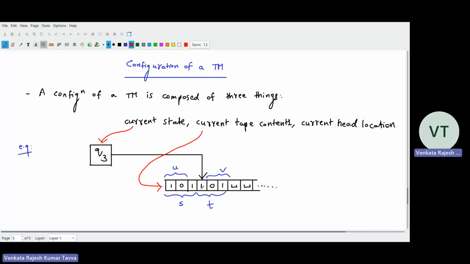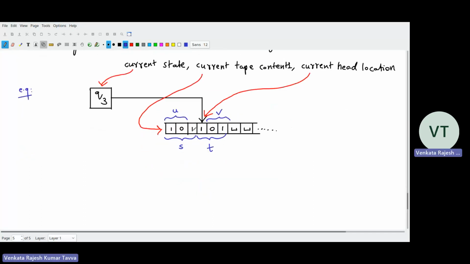Head is on 1. Okay, and we call this V. You'll understand it just in a minute. And this 1, 1 we write separately.